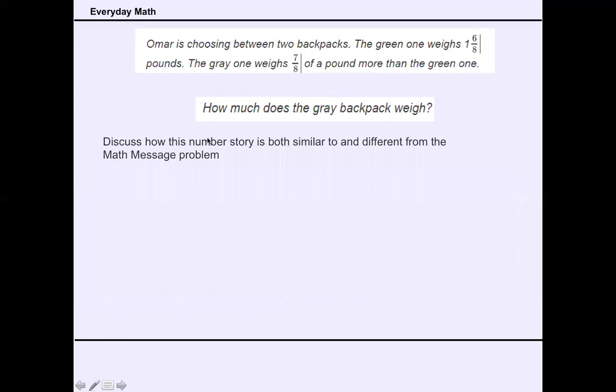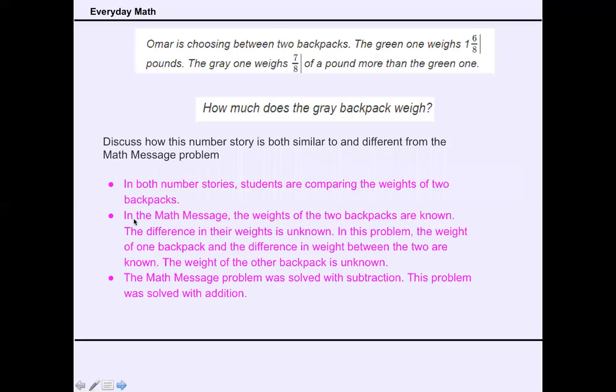Okay, now let's talk about how this problem that we just solved is both similar and different from the math message problem. In both number stories, students are comparing the weights of 2 backpacks. In the math message, the weights of the 2 backpacks are known. The difference in their weights is unknown. In this problem, the weight of one backpack and the difference in weight between the two are known.